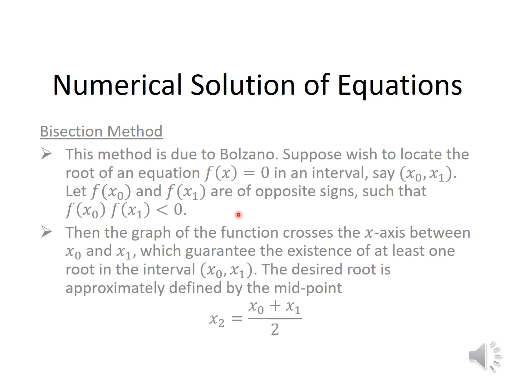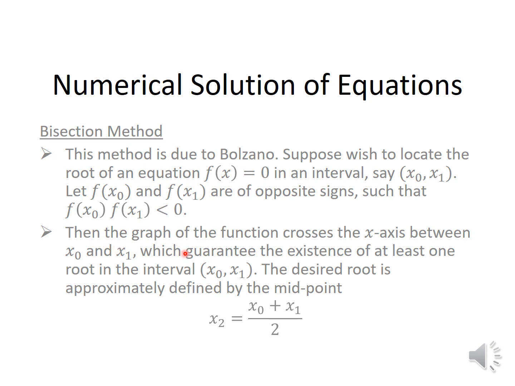For our first objective, this method is due to Bolzano. Suppose we wish to locate the root of an equation f(x) equal to 0 in an interval x0 and x1. Let f(x0) and f(x1) be of opposite signs, for example, f(x0) times f(x1) is a negative value.